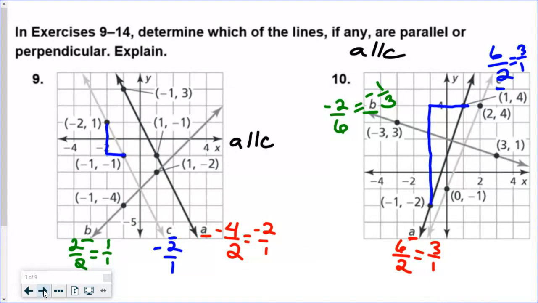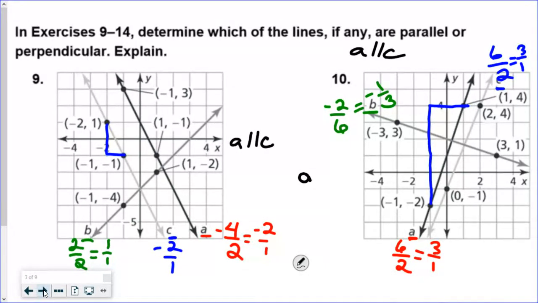That is an opposite reciprocal. So if I look at my red 3 over 1, I take the reciprocal, I flip it, and take the opposite. So do you see a positive 3 over 1 and a negative 1 over 3 are opposites and reciprocals? You can flip them. So A and B are perpendicular.